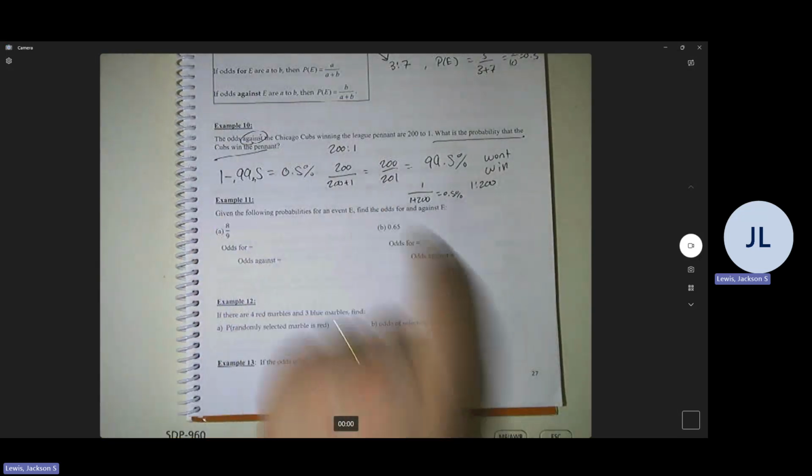Cool. We can also, given the probabilities for an event, find the odds for and against.